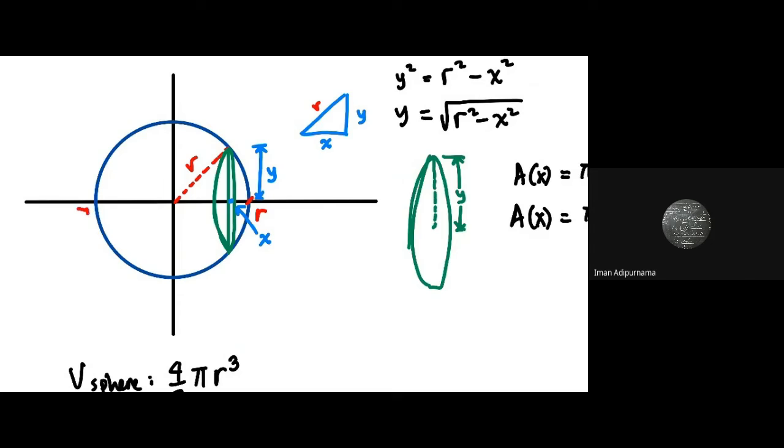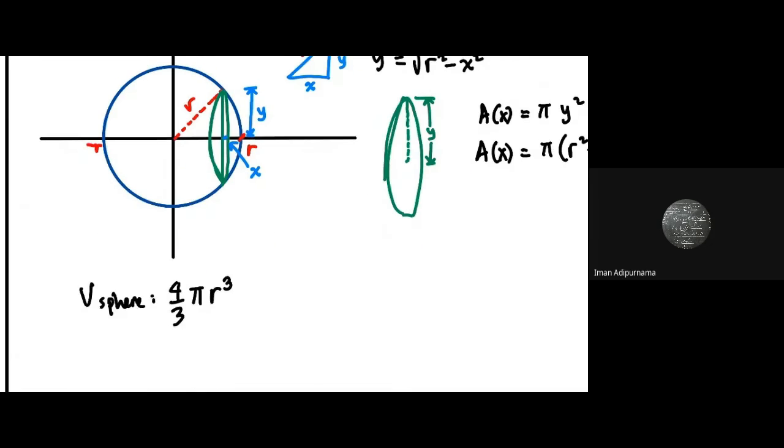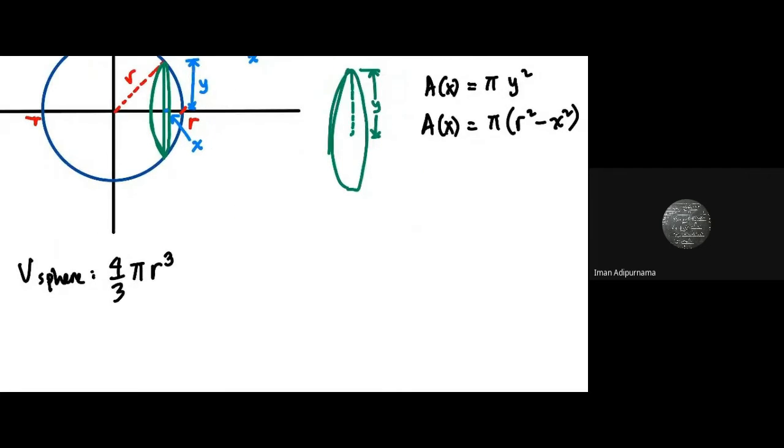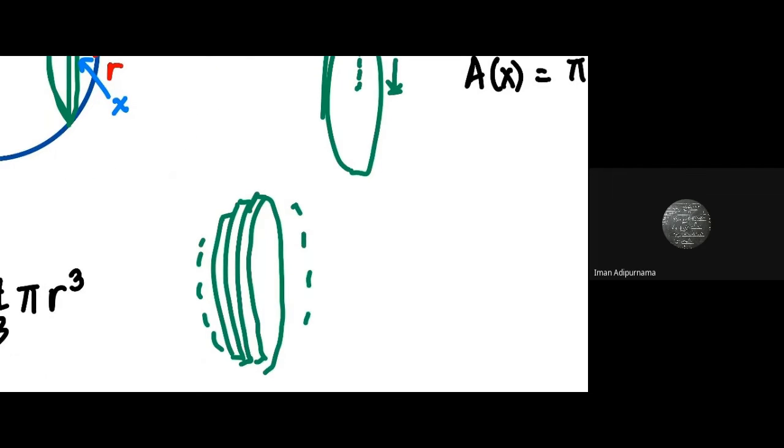Now we can compute the integral from negative r, the left side, which will be the first endpoint a, until r, or b. If we look back at how the volume is stacked up, it's like slicing our sphere.